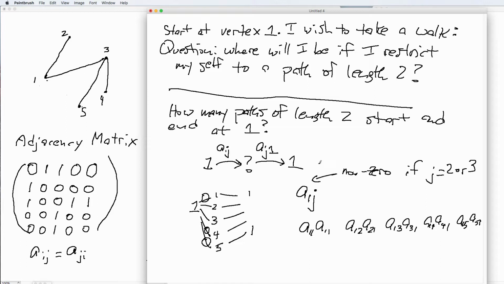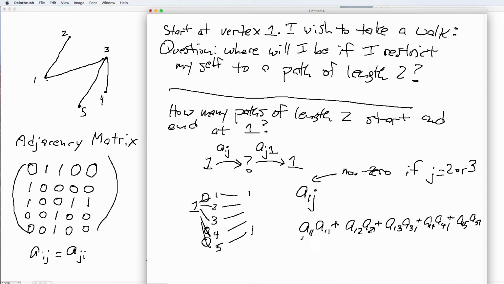Now again, notice that what we said for 2 and 3, these are non-zero. These are 0. But the point is the total way to start at 1 and finish at 1 in 2 hops would just be to add these up. Okay?